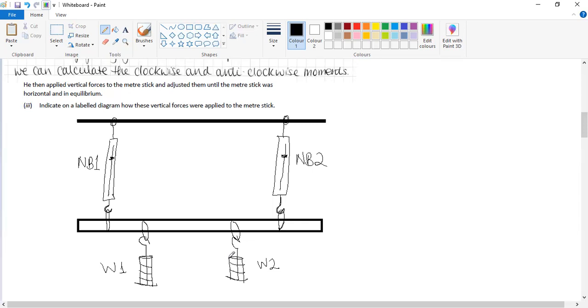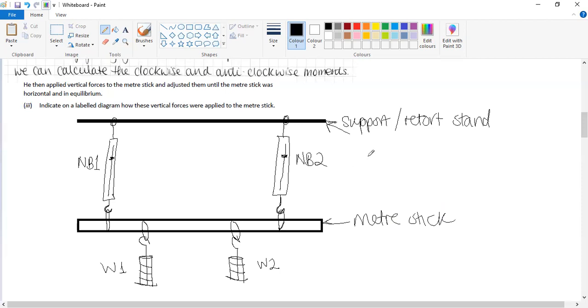You might be looking at this going, looks fab, but we are missing our labels. So I'll just call this support, or it could be a retort stand, but it's a bit complicated to draw two retort stands. And you know, you're in your exam and you have limited time, and the retort stand is not really the important part. It's just that they're hanging on something fixed. Okay, this is the star of the show, the meter stick.